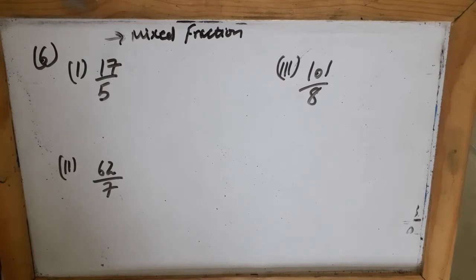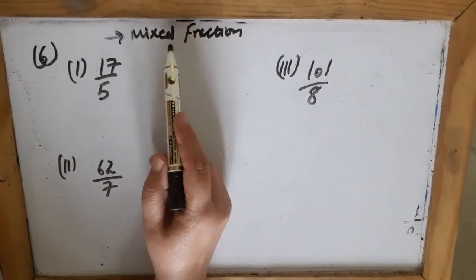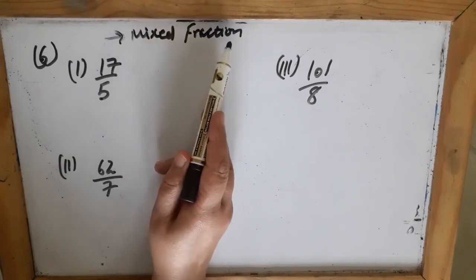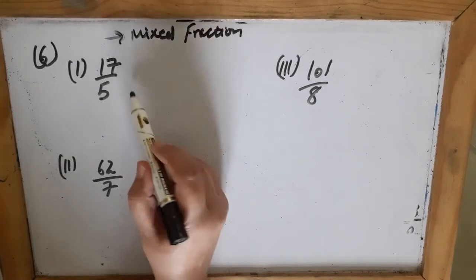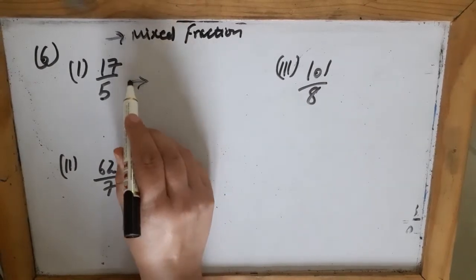So I can convert a mixed fraction into an improper fraction and an improper fraction into a mixed fraction. In the last one I told you how to convert the mixed fraction into improper fraction. Now we will learn how to convert the improper fraction into mixed fraction.